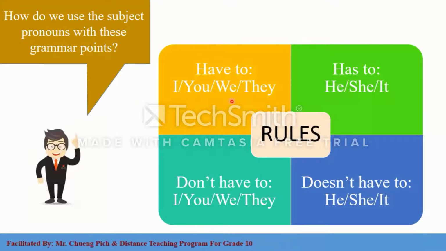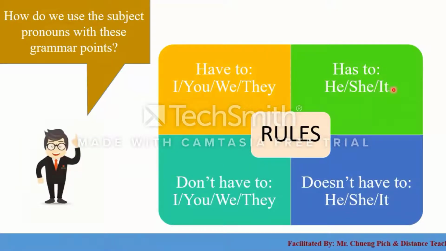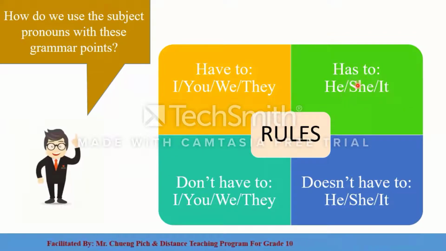One more thing, I just want to add some information about have to. If you have two different names of people, for example, Dara and Dari, you can say Dara and Dari have to. But if you use only one singular person, for example, Sam or Sok or Sao or Dari, you can use Dari has to.